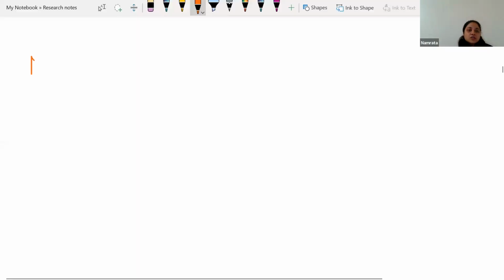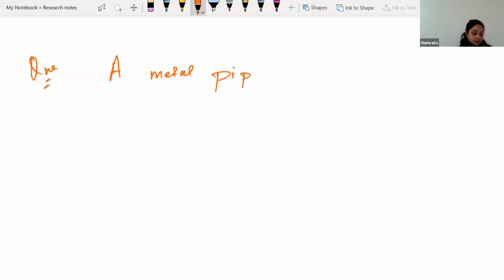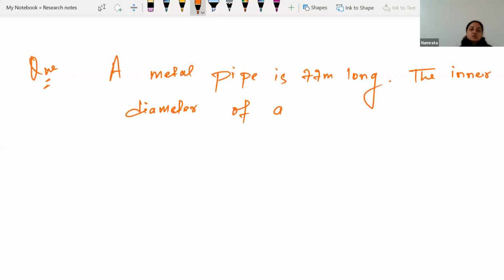So here the question says a metal pipe is 77-meter long. The inner diameter of a cross section is 4 centimeter.